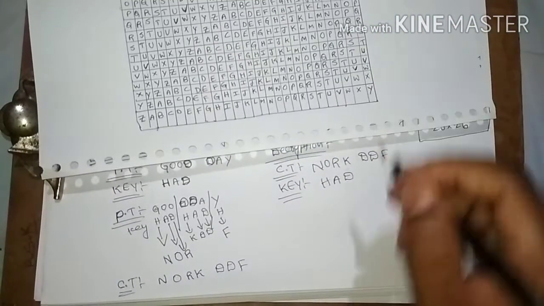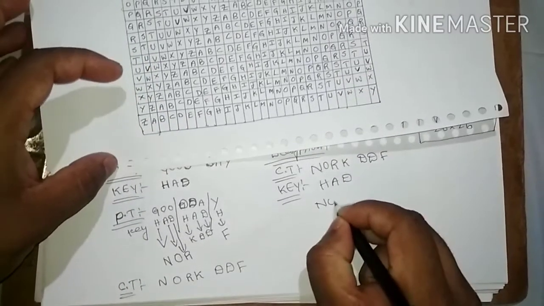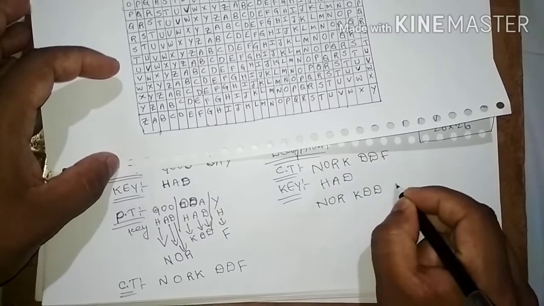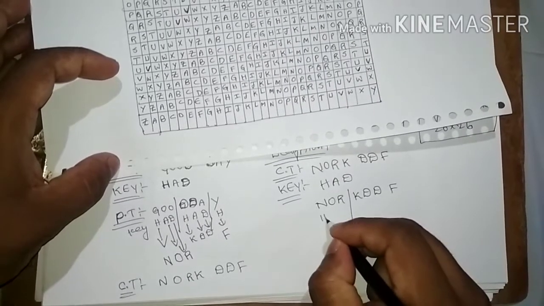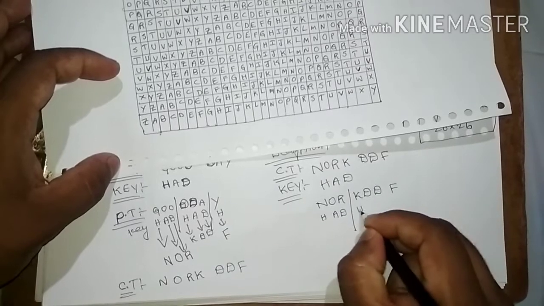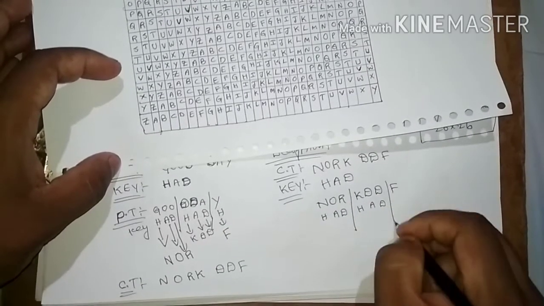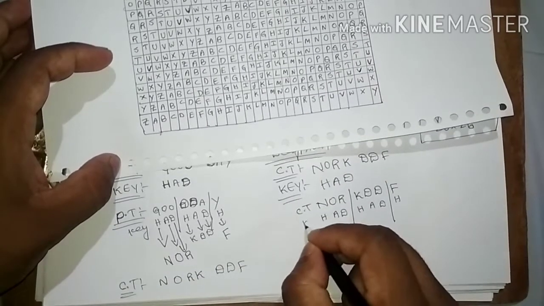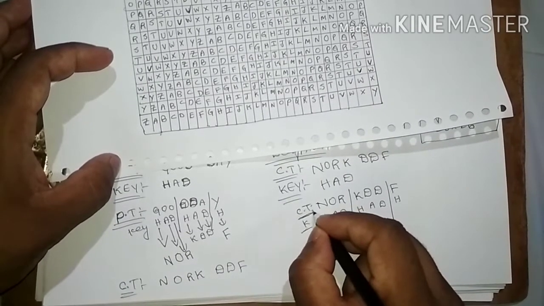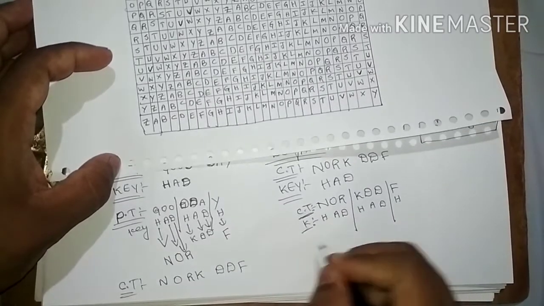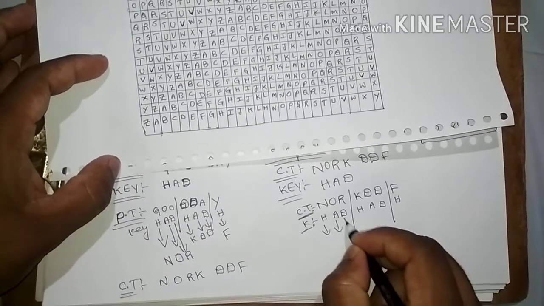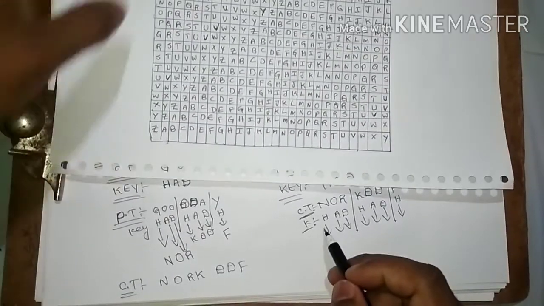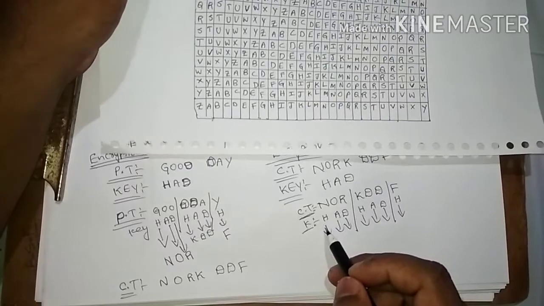Let's do NORKDDF with key HAD. First, N and H. First of all, we will take the key.